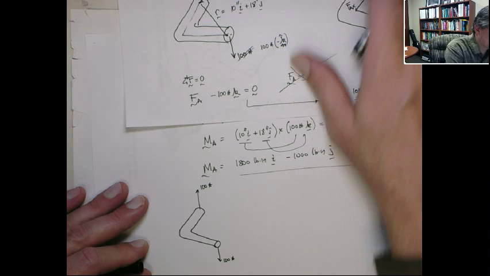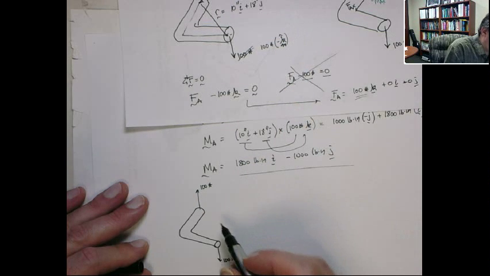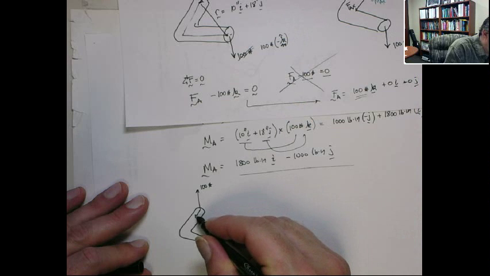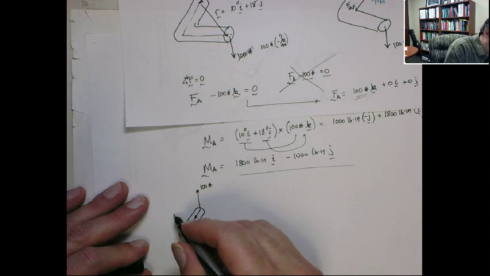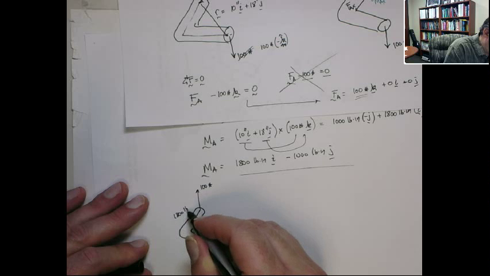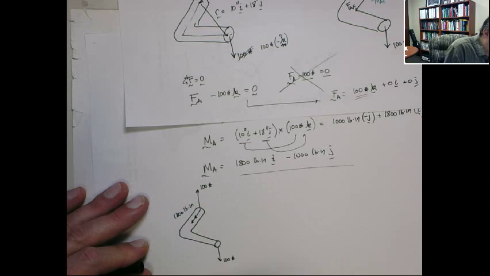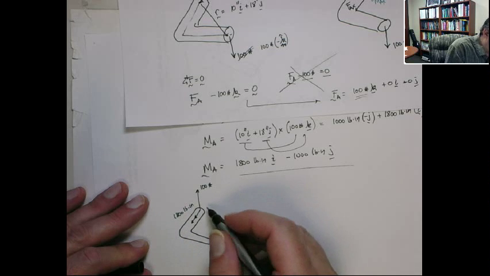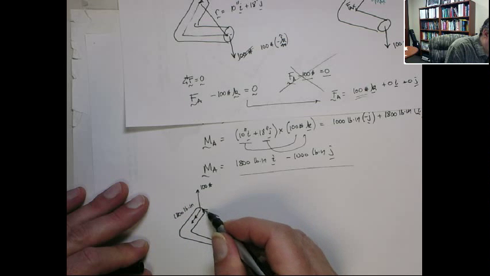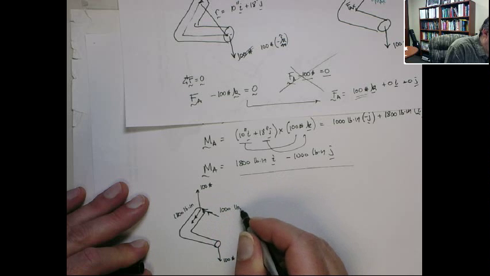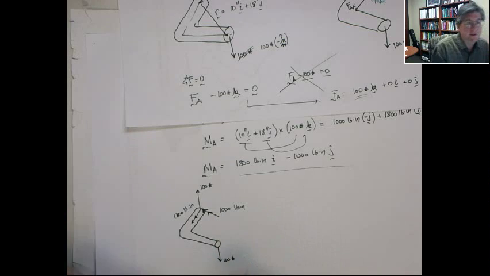And then if we look at the moment components, we have an I component of 1,800 pound inches, and then a minus j component. So the minus j component is going to go in this direction, of 1,000 pound inches. You still have to draw a double arrow because you know that's a moment and not a force vector, okay? And that would be an answer. That's using a 3D approach.